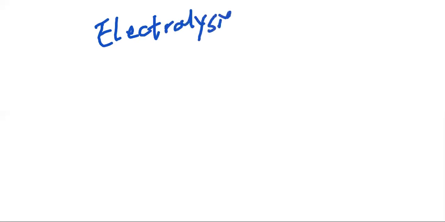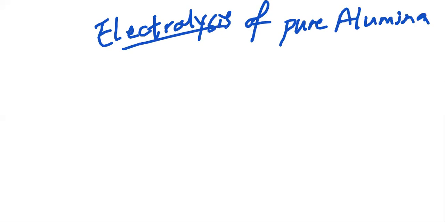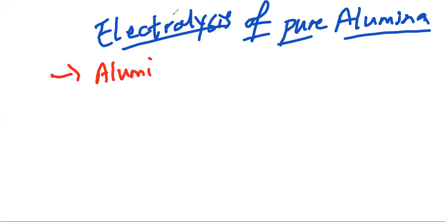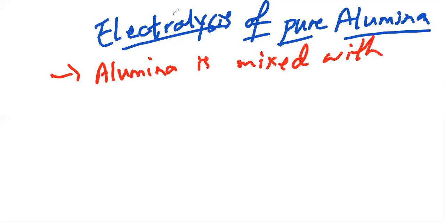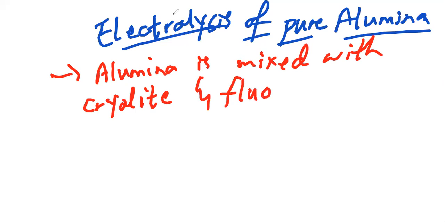Now what you have to do is the electrolysis of pure alumina. In this, alumina is mixed with cryolite and fluorspar.